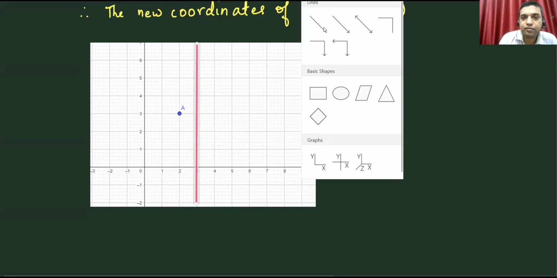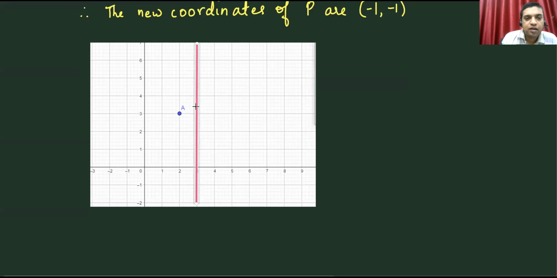Now 3 comma 4 was the new set of coordinate axes.